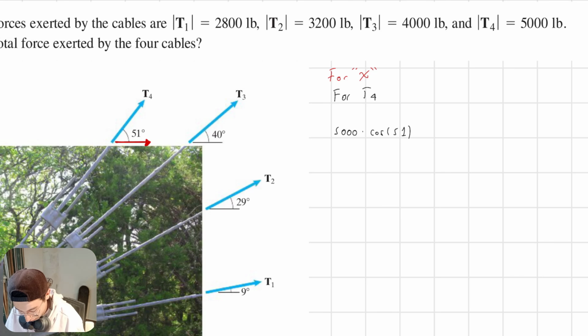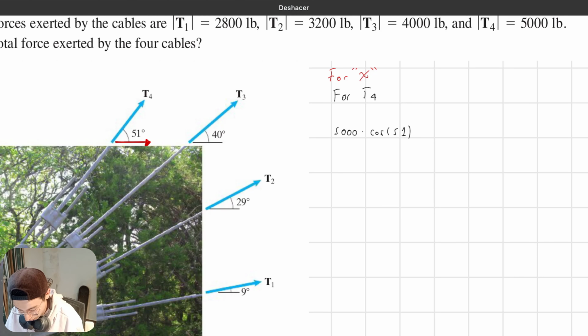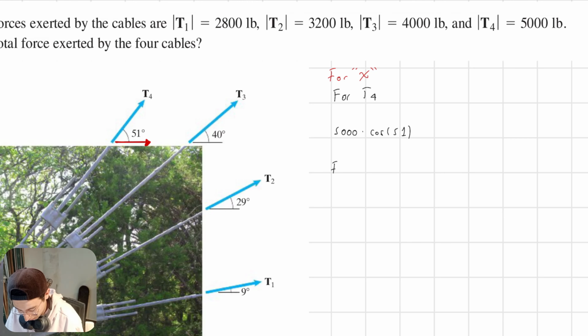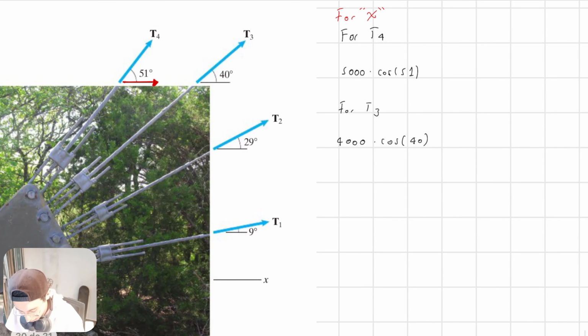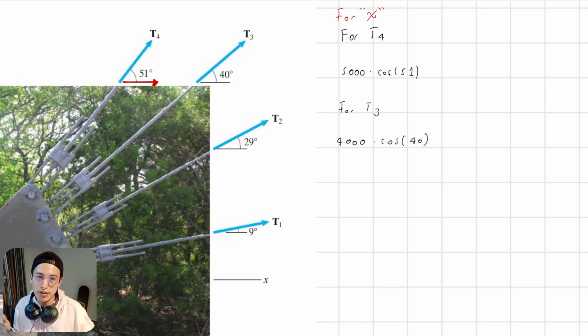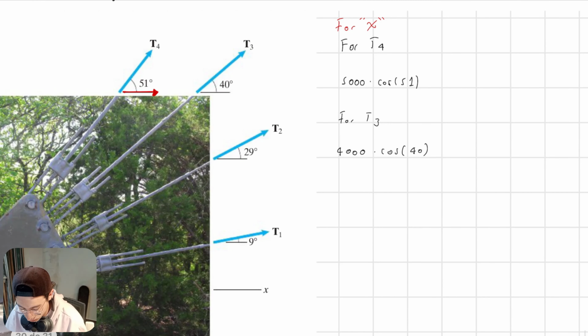Now, for T3, I have 4,000 times the cosine of 40, and it's basically the same equation for every single one of the cables.